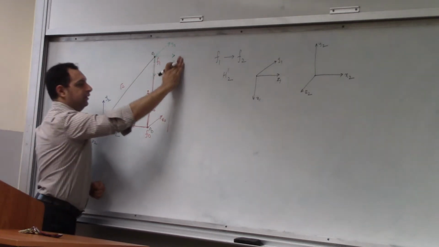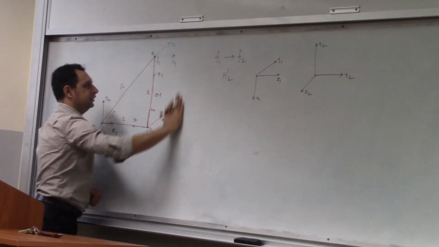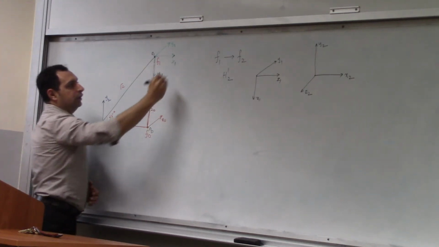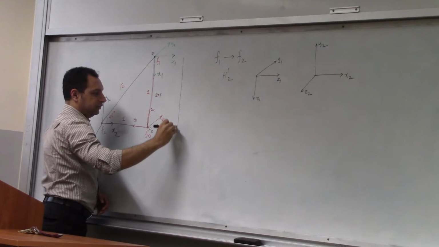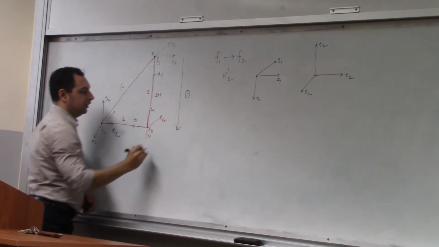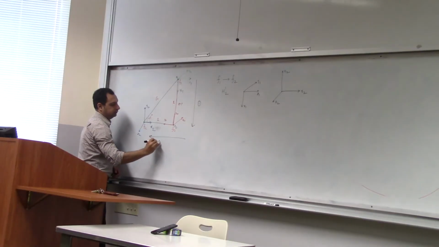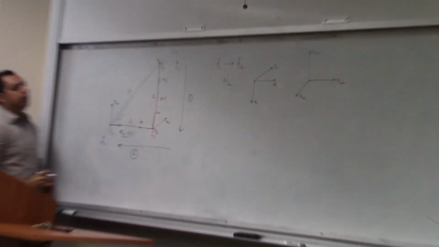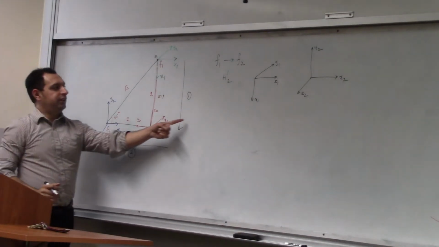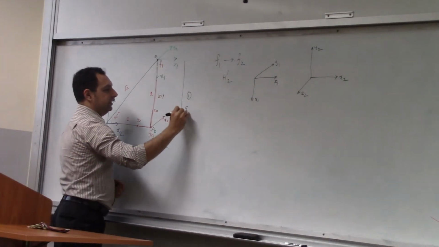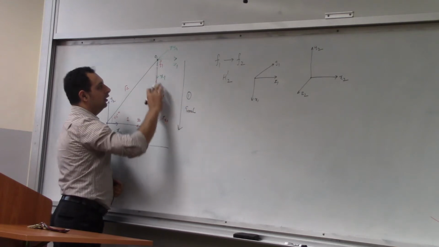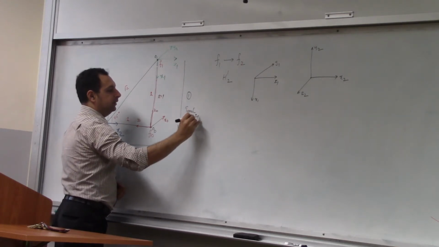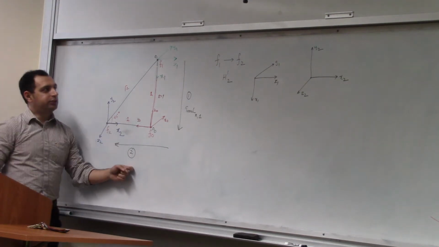So let's say that our order of translation is like this. First we'll coincide the two origins. So this is what we'll do, 1 and 2, we'll move it like this. So this translation will be, you're moving in the X direction, X by 1. What about this one?